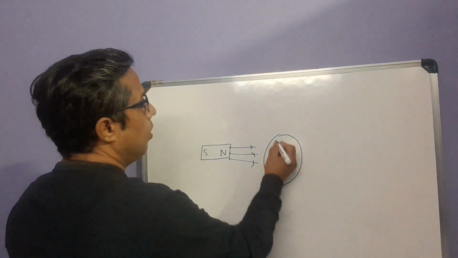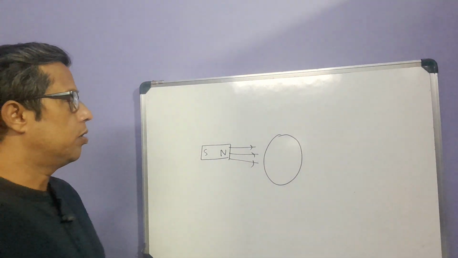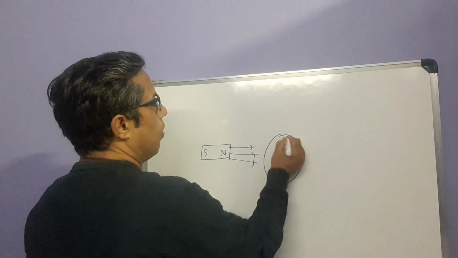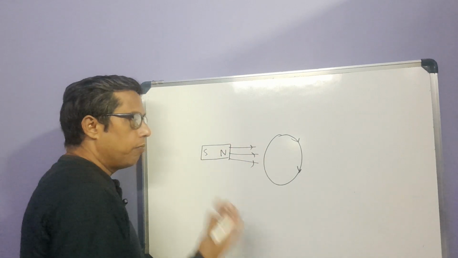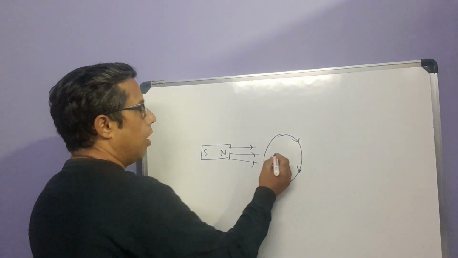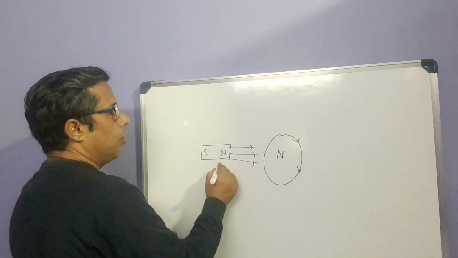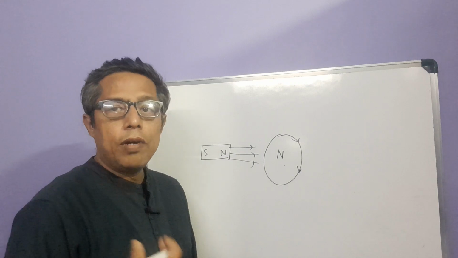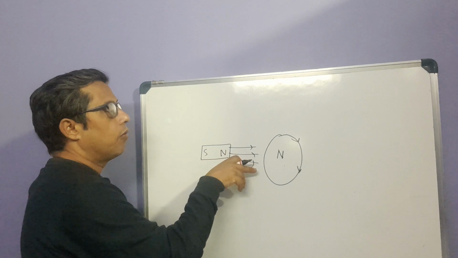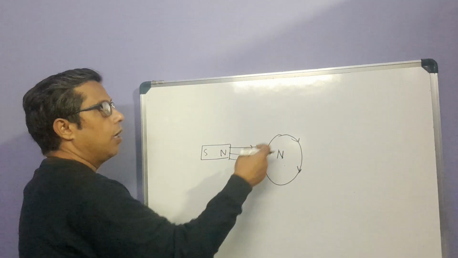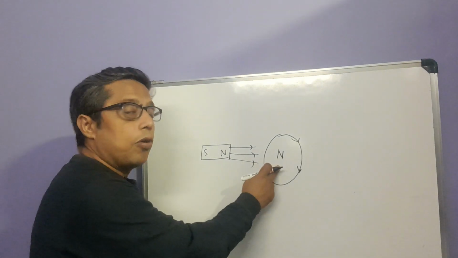Whenever there is an induced current, there will be magnetism, because whenever current flows in a circuit, it produces a magnetic field. That means we'll get magnetic poles. So there will be a north pole in this coil, and north pole and north pole repel each other. So whenever the magnet approaches the coil, temporary magnetism is produced in the coil, and a north pole is produced here.